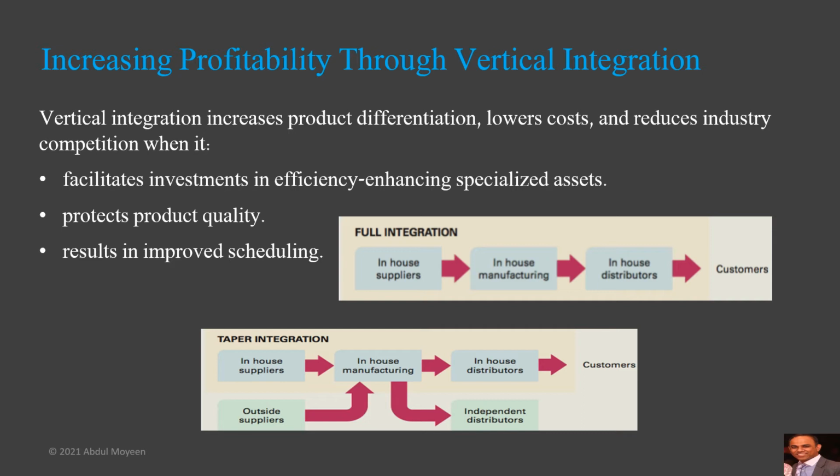Companies invest in specialized assets because these assets allow them to lower the cost structure or to better differentiate their products. Now, when one company buys supplies or raw materials from other suppliers, it often requires that suppliers invest in specialized assets to produce the inputs that this specific company needs.